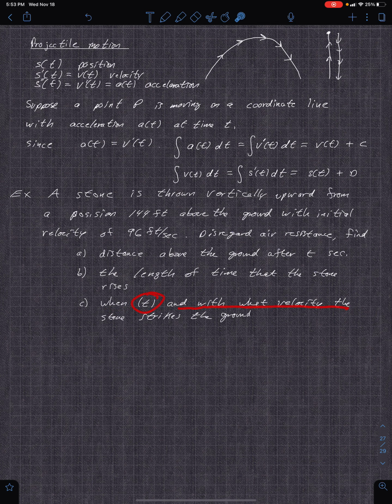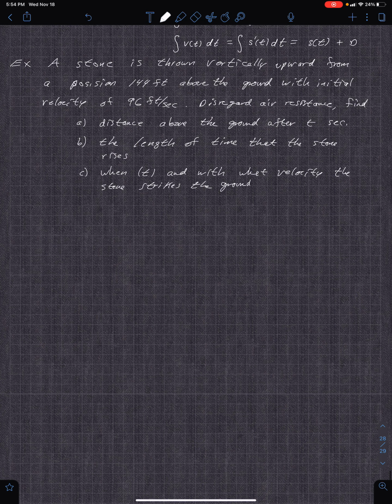So what's given in here are your initial conditions. So the 144 is initial position. So S of 0, the position at time 0 before it goes anywhere, is 144 feet. That's what I had highlighted before.